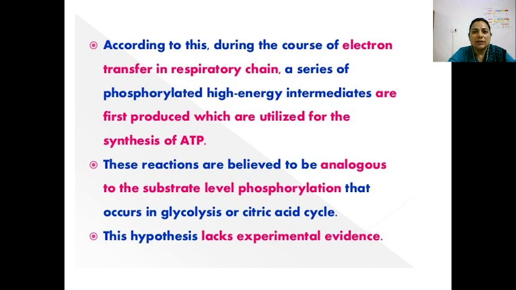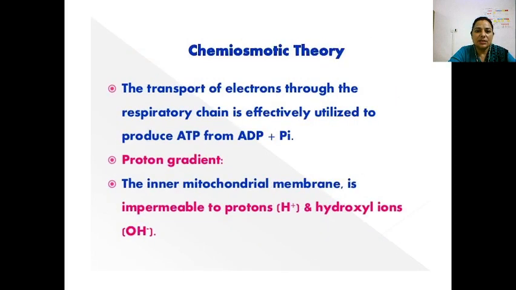According to this, during the course of the electron transport chain in the respiratory chain, a series of phosphorylated high energy intermediates are first produced which are utilized for the synthesis of ATP. These reactions are believed to be analogous to the substrate level phosphorylation that occurs in glycolysis or the citric acid cycle. This hypothesis lacks experimental evidence.